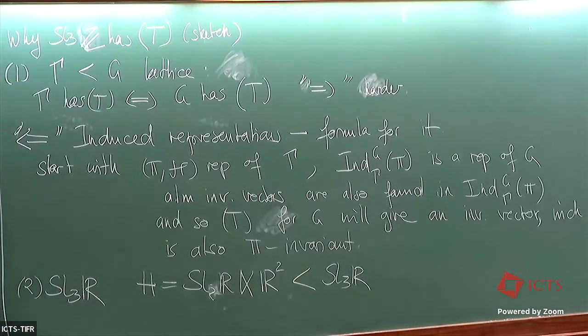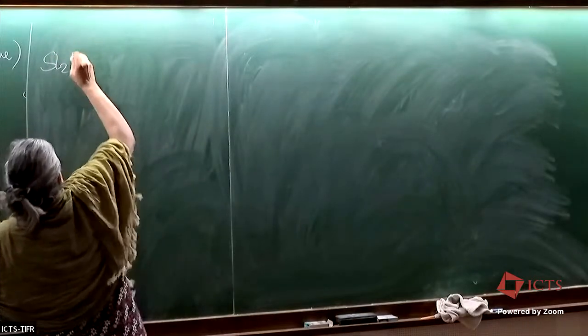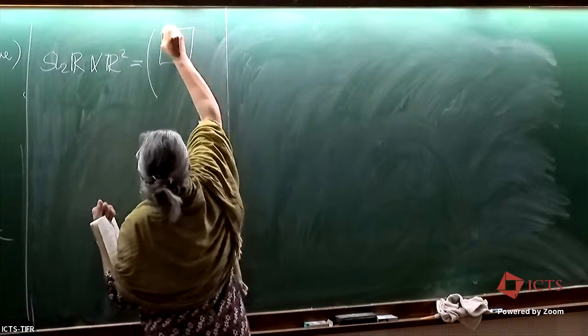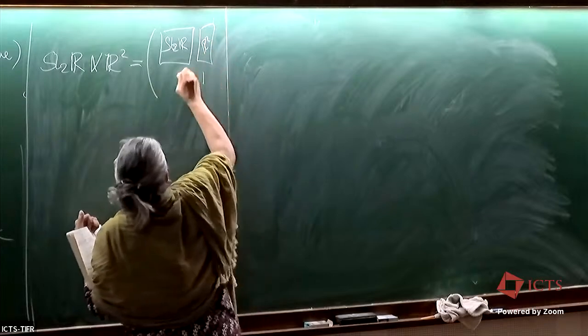Let me just do it here. So the embedding: you can embed SL2R semi-direct product with R2 by putting SL2R here and R2 here, with 1, 0, 0.